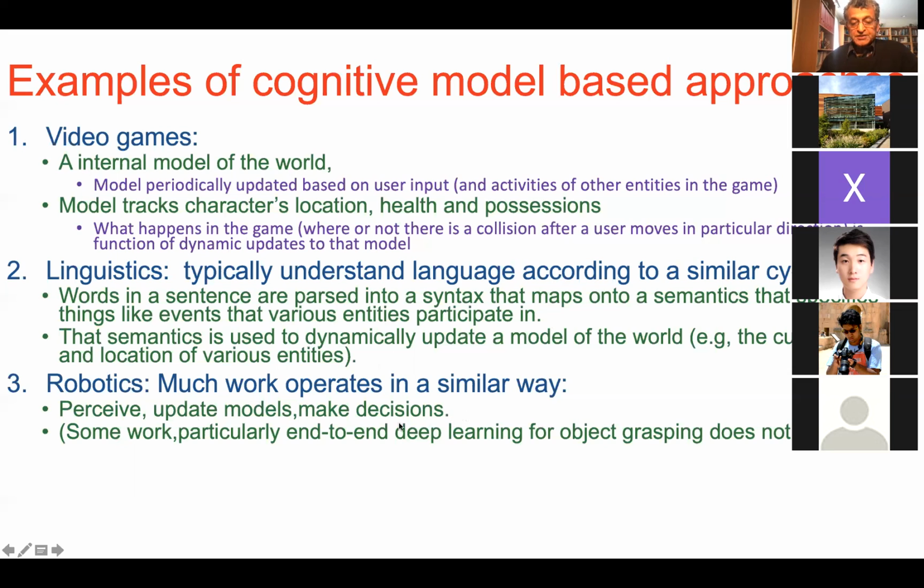Robotics, much work operates in a similar way: perceive, update models, make decisions. The robot moves around with a model of the environment, and updates it based on where it's moving, and so on. Some work, particularly end-to-end deep learning, offers all-deep-learning solutions to each of these, but the classical way was a cognitive model-based approach.